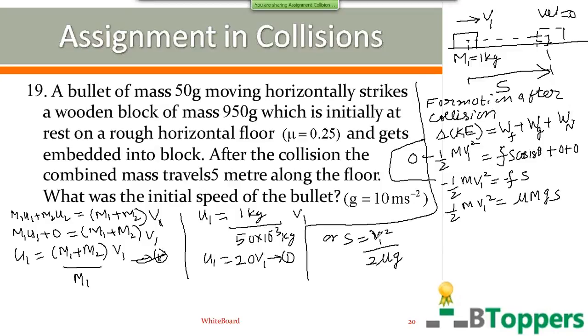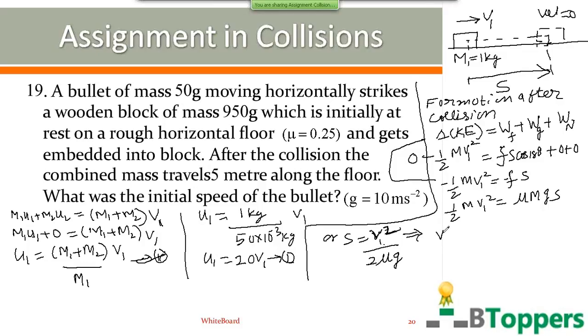Here for motion after collision, V1 is the initial velocity. So if you remember that particular conclusion which we discussed under the small heading stopping distance, you can directly write this step after this step.